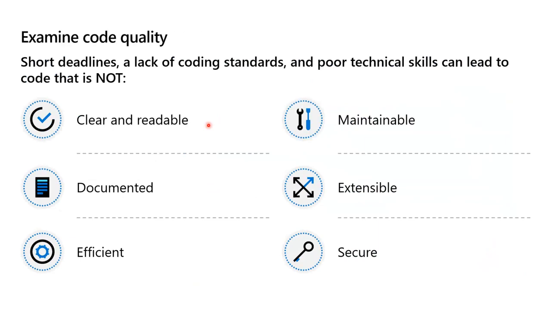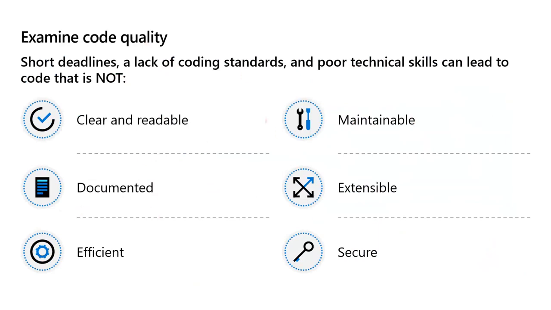What else? Another thing is that we should identify the code quality. For example, short deadlines, a lack of coding standards, and poor technical skills can lead to code that is not clear, readable, documented, maintainable, extensible, secure, or efficient.